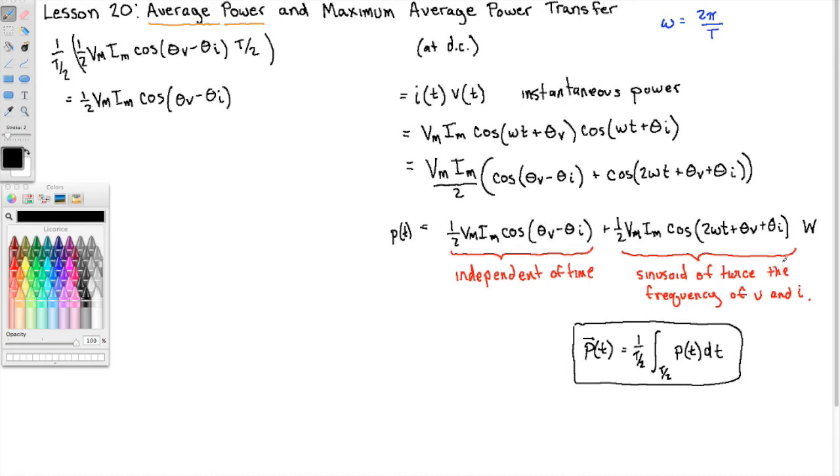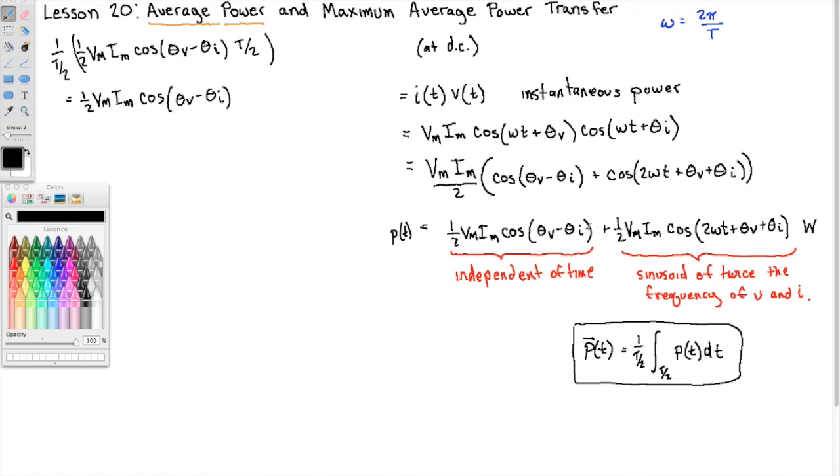Well, the average value of this thing, we're integrating over a half period. Half a period of the original voltage and current waveforms. But this is twice the frequency. So we're integrating over one period of this thing. Well, when you integrate a cosine over one period, what do you get?